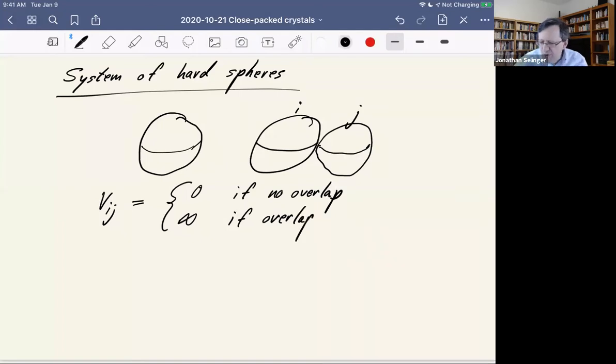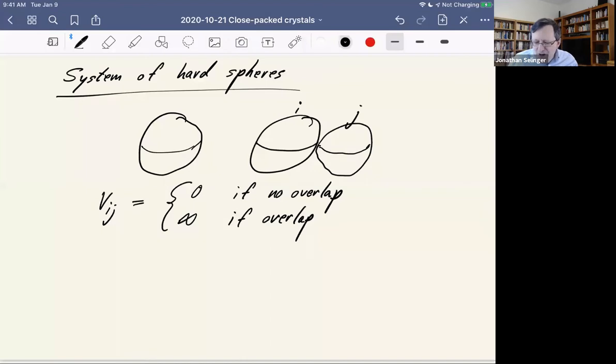That is, it would take an infinite amount of energy to make the spheres overlap each other. So they never overlap each other, right? They always have to avoid overlapping each other.